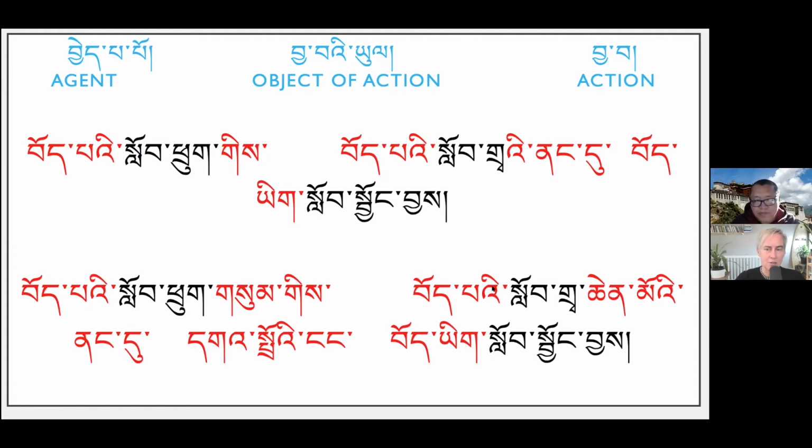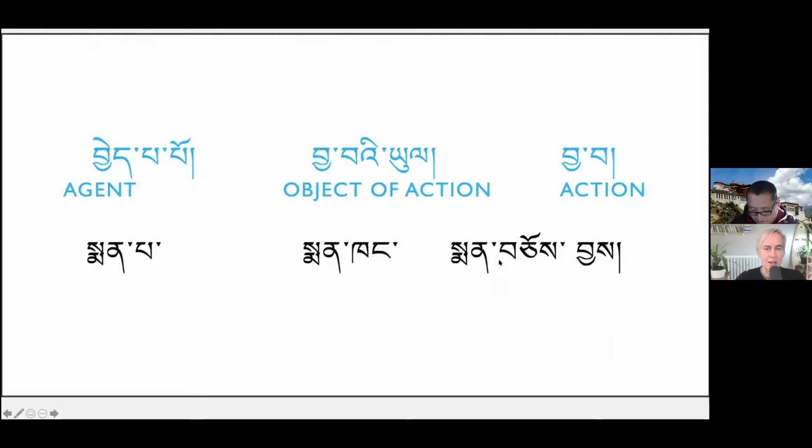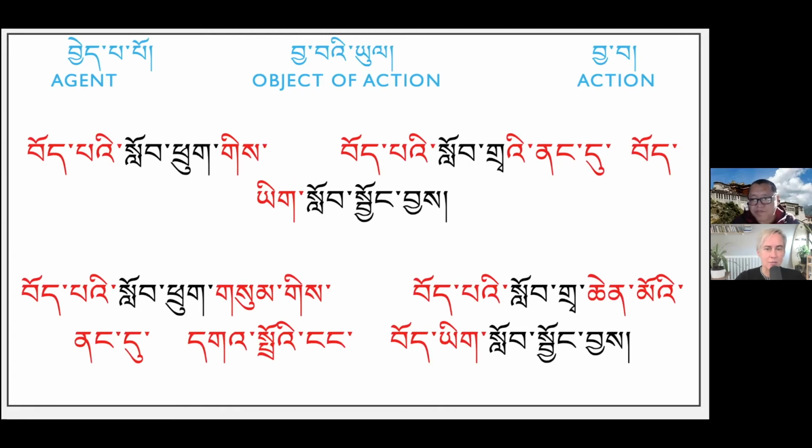So you're starting with a very basic sentence and then adding adjectives, adverbs and other kinds of qualifiers to say more about the basic components of the sentence. Yes. If you do this, you also feel like a part of the Tibetan language, and slowly it becomes your nature.